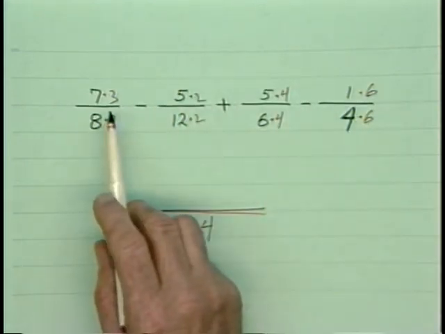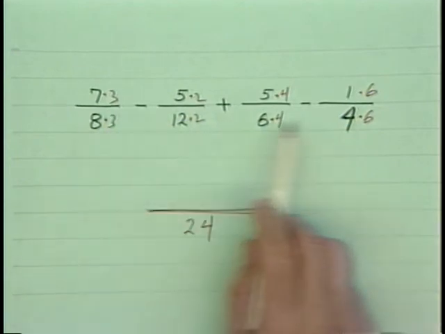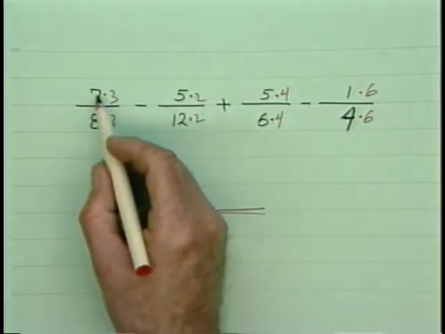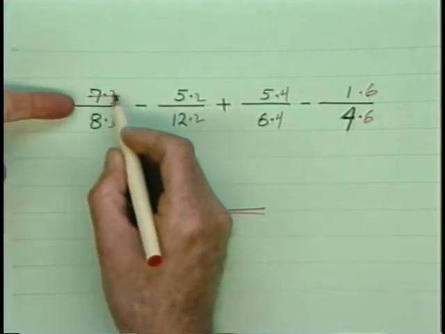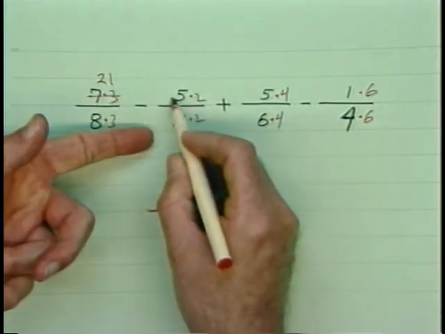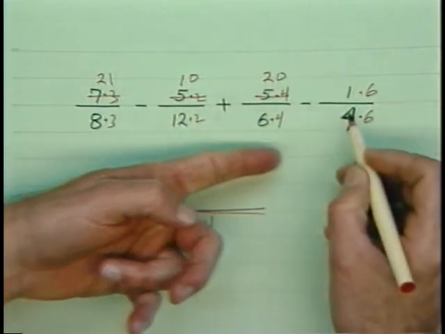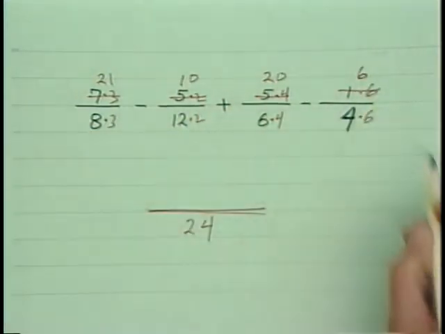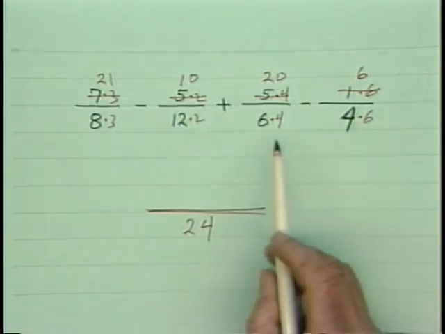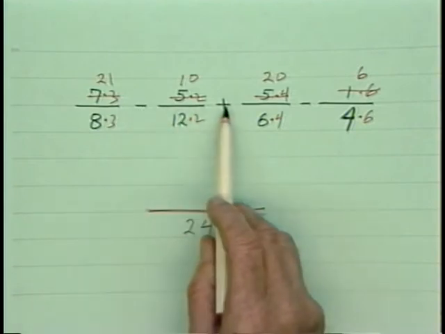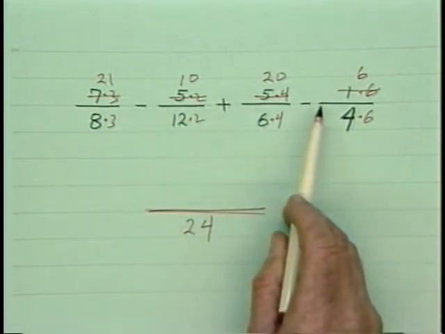So now I've in effect changed the forms of all the fractions. The bottoms are all 24, and the tops have become now in these cases 21, 10, 20, and 6. Now that the denominators are all the same, I have permission to subtract and add and subtract again the tops.